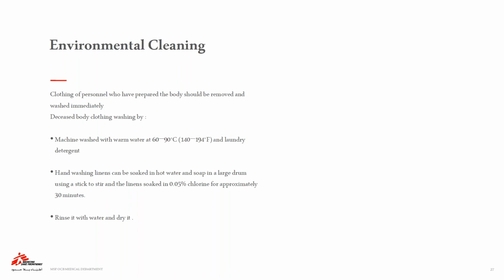The deceased body's clothing can be washed either by a washing machine with warm water at a high temperature, 60 to 90 degrees, of course with laundry detergent, or if they don't have the machine, they can do hand washing of linen, which can be soaked in hot water and soap in a large drum using a stick or stirrer. And after that, we need to rinse it and place the linen in 0.1% chlorine for approximately 30 minutes.